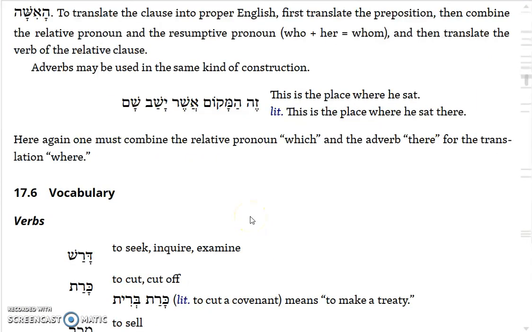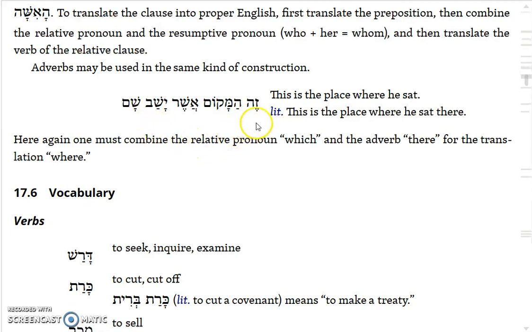You can also get a pleonastic adverb in these kinds of relative clause constructions. So there he gives you the example, zeh hamaqom asher yashav sham. This is the place which he dwells there, or he dwelt there or sat there, sitter dweller, the two glosses for yashav.